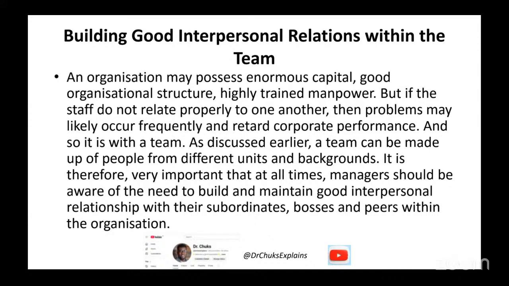We've discussed earlier that a team can be made up of people from different units and backgrounds. It is therefore very important that at all times, managers should be aware of the need to build and maintain good personal relationships with their subordinates, their bosses, and peers within the organization or within their team.